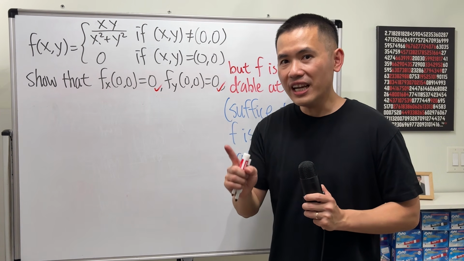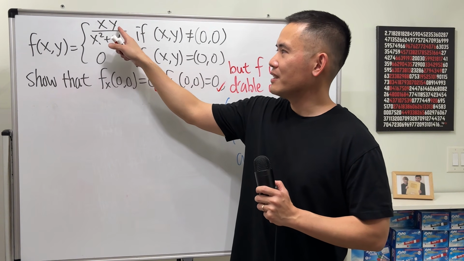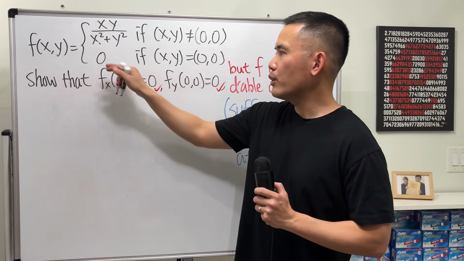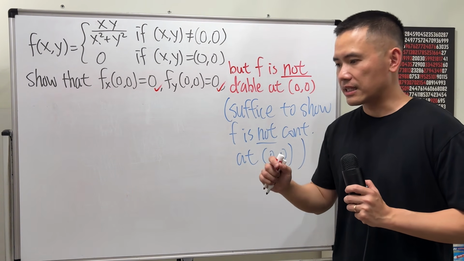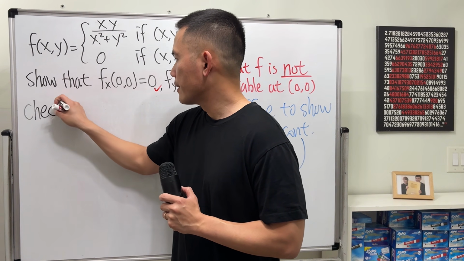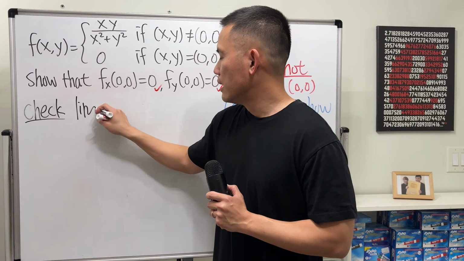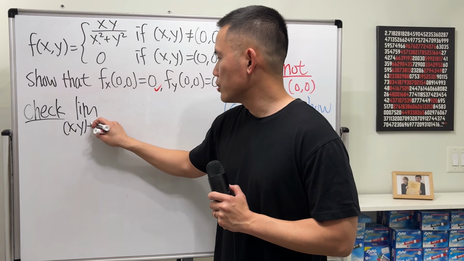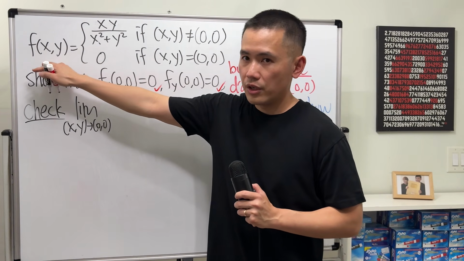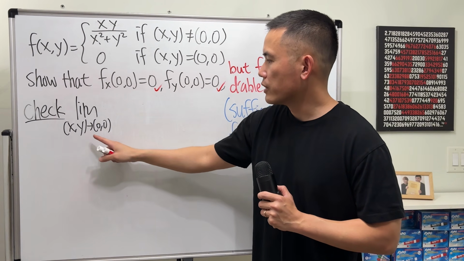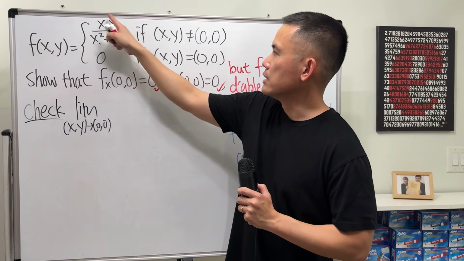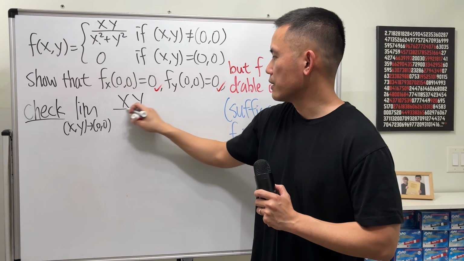We will just have to check the limit of this thing when (x, y) is approaching 0. If the limit does not equal the value, then the function is discontinuous. That's the key. So we will have to check the limit as (x, y) approaches the origin of our function here. And since (x, y) is approaching the origin, x and y are not exactly 0, so we'll be using the top expression here.